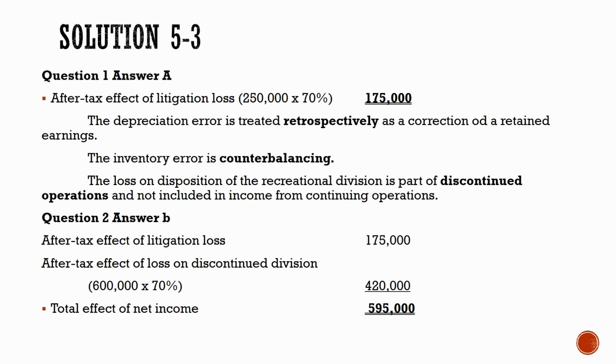Or pwede naman tayo mag-shortcut tulad ng ginawa sa solution dito, which is minultiply lang sa 70% yung mga amount ng litigation loss and discontinued operation loss. So, para makuha yung total effect on net income, i-sum up lang natin yung nakuha na 175,000 na after-tax effect on litigation loss and 420,000 na after-tax effect loss on discontinued operations, and we'll get a total effect on net income of 595,000. So, ang next reporter po is si Mr. Rivares. Thank you.